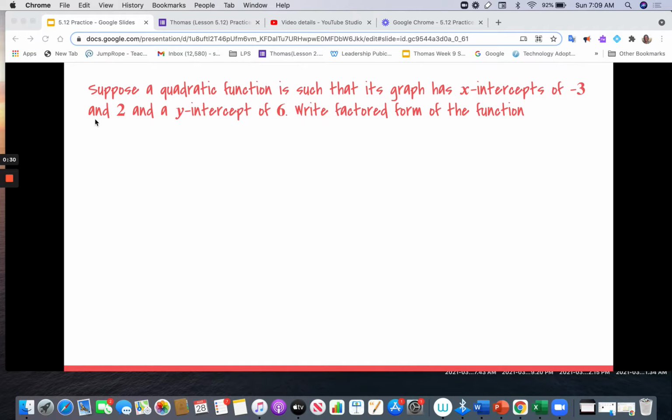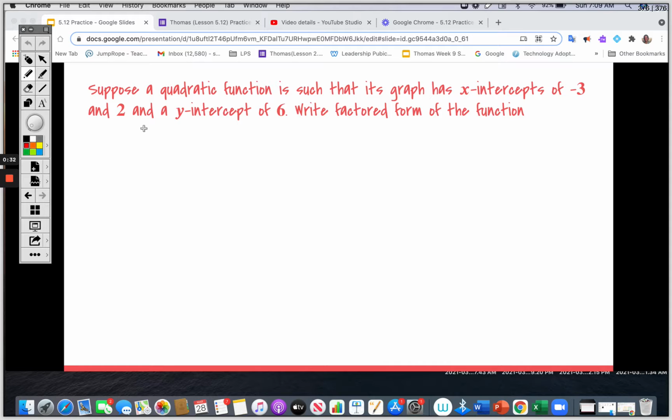So remember that our equation in the factored form is going to be (x plus m) times (x plus n), and x is going to be the value that makes each of these equal to 0.